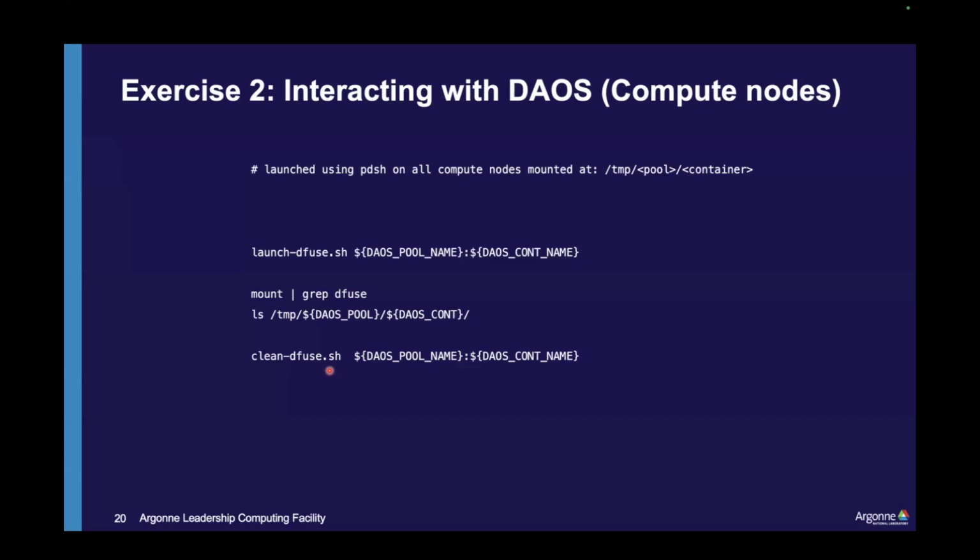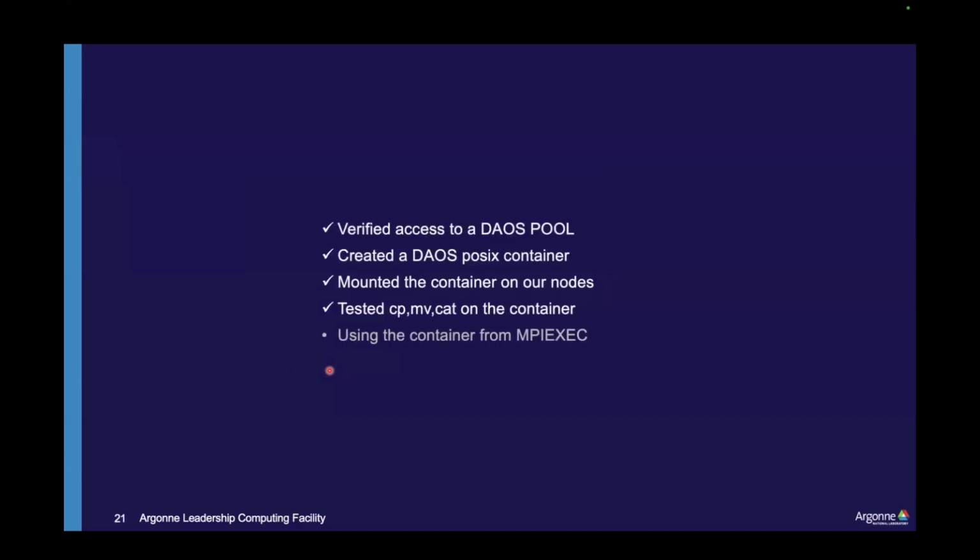So this is just about mounting. Till now, what I have covered is, first, you have to verify you have access to a DAOS pool, then you create a DAOS container, and you can mount it anywhere, like your login node or compute node, and do all your cp, mv, whatever you want to do in that space. And the next thing is using it with mpiexec.